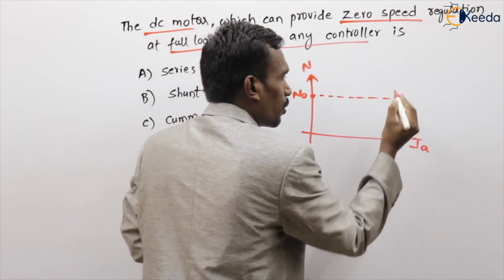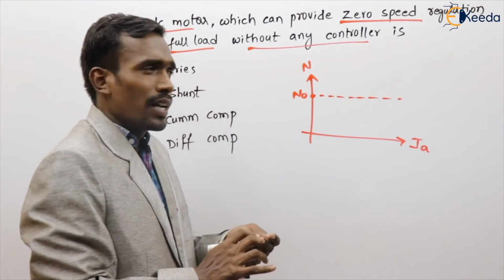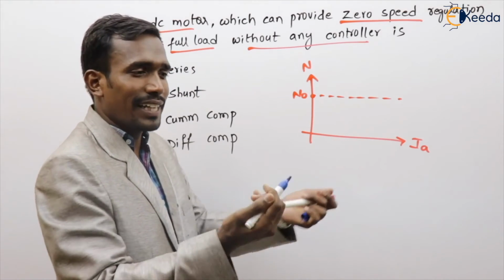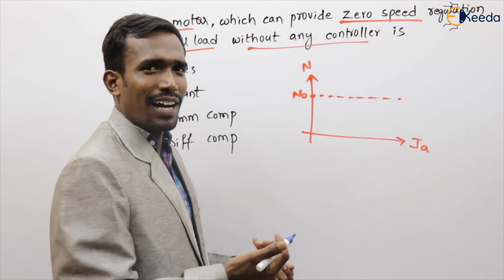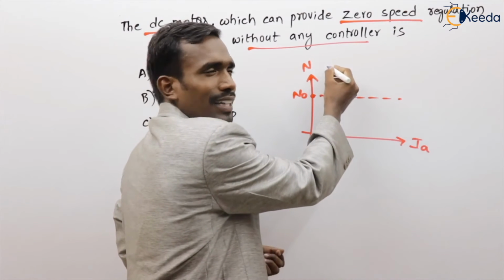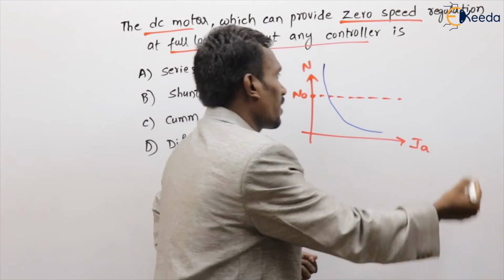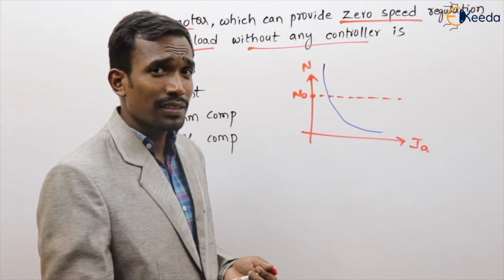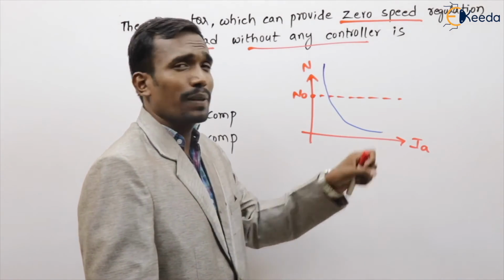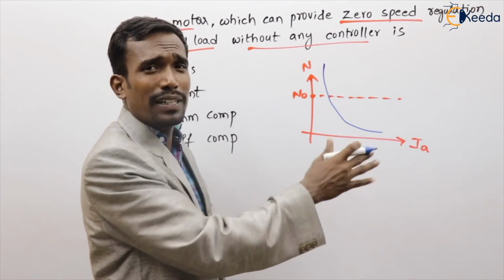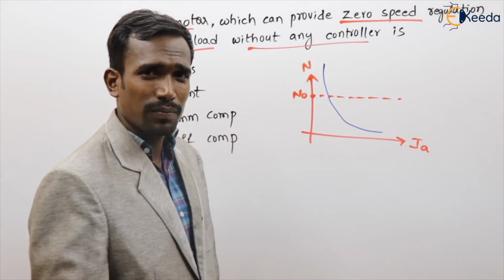For the DC series motor, the speed characteristics are like this. For the DC series motor, zero speed regulation is not possible.